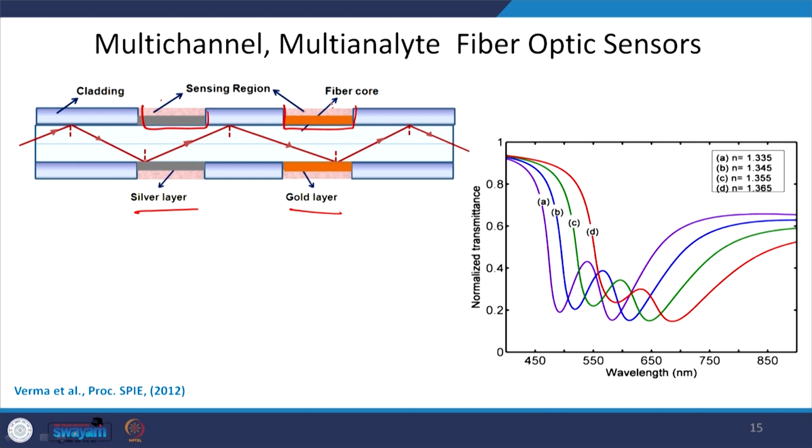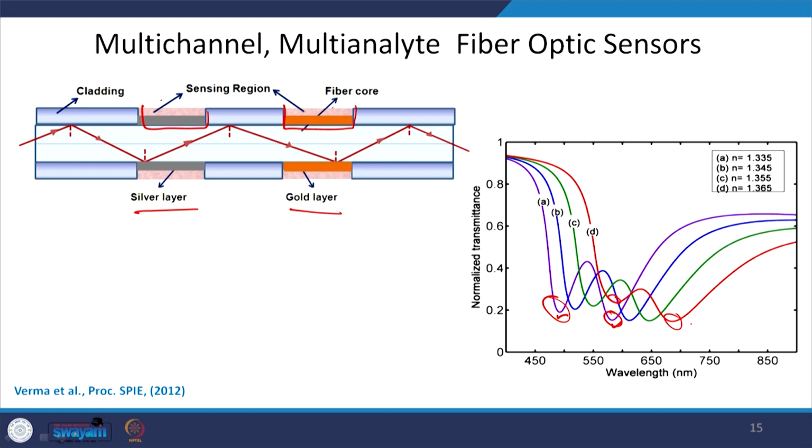In this particular case you can see that for putting the same solution in both the channels, it shows 2 dips, one here, one here for each refractive index value. If I am considering D, then you will have one here and one here. What does it mean?